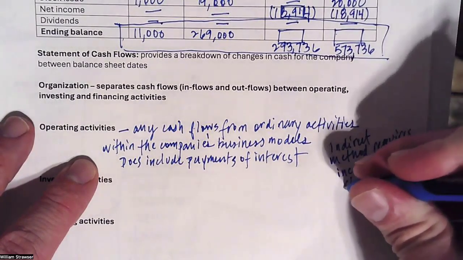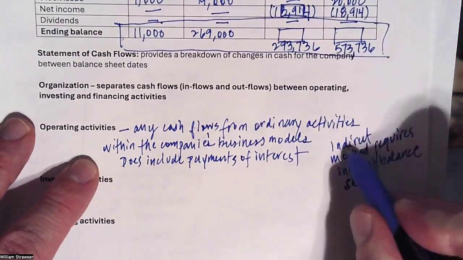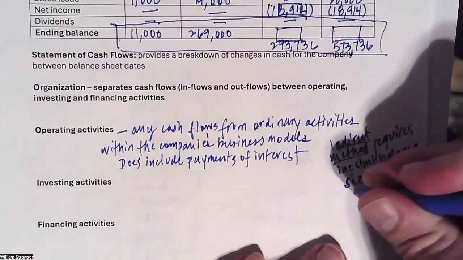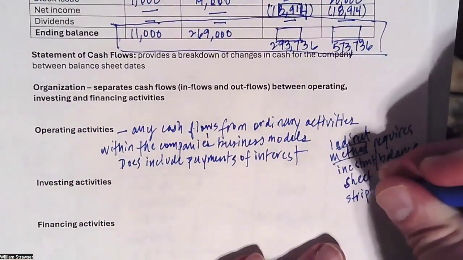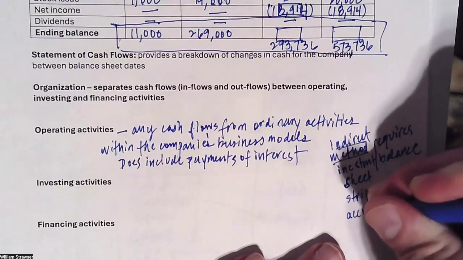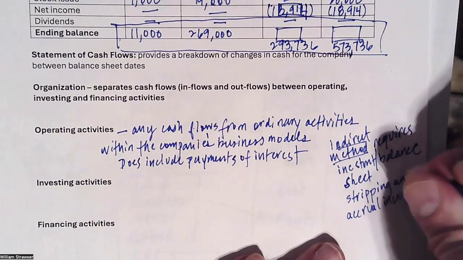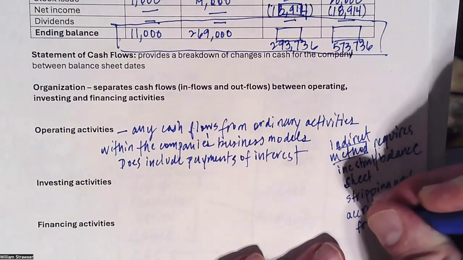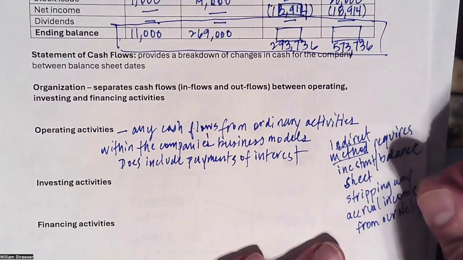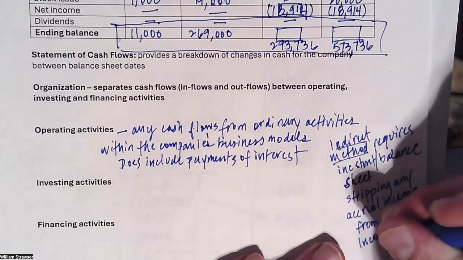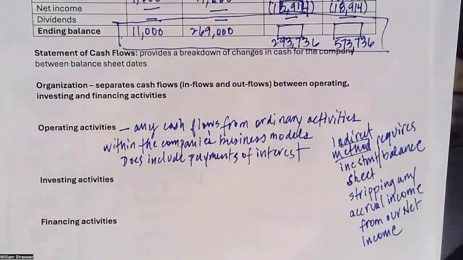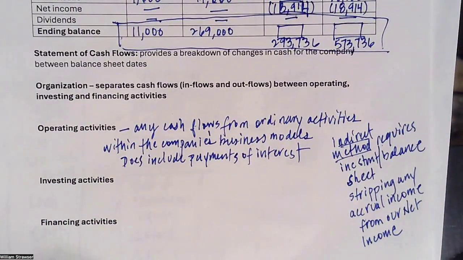And the way that we determine our cash flow from operating activities under the indirect method is by taking net income and stripping any accrual income from our net income. Once we strip accrual income from our net income, then we have cash-based income.